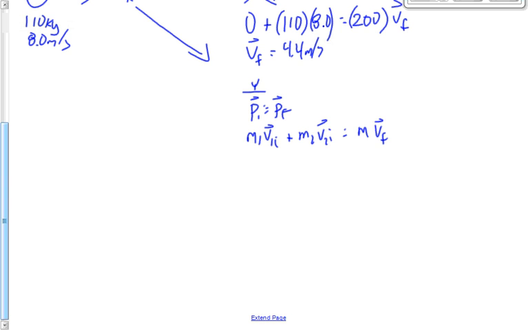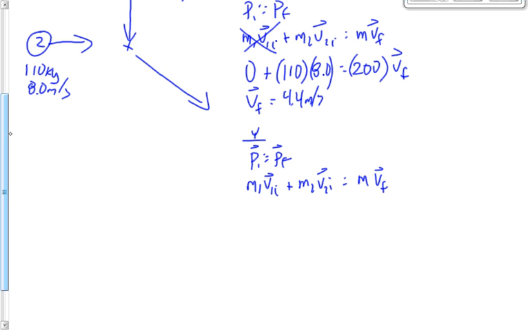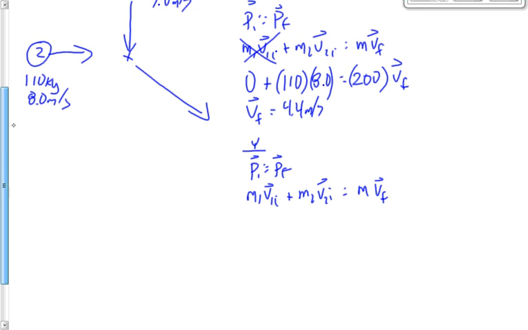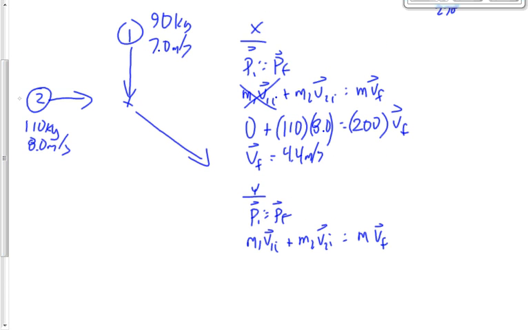What's M1? It's 90 kilograms. Good. That's V1I. 7 meters per second? Nope, but you're close. -7. Why -7? Yeah, because it's downwards.